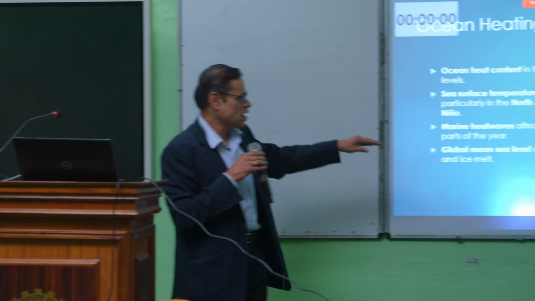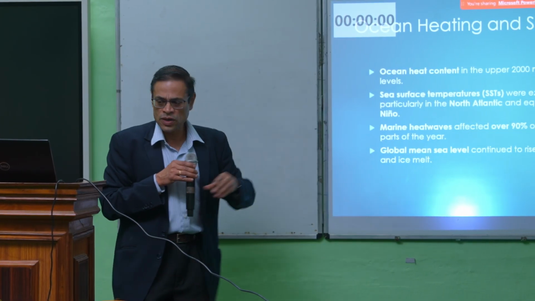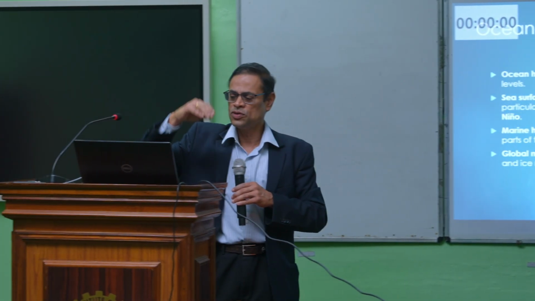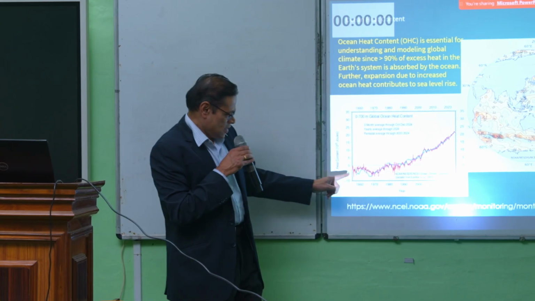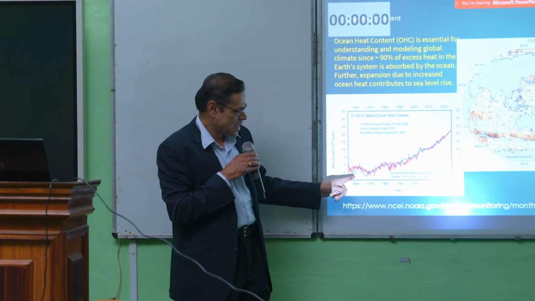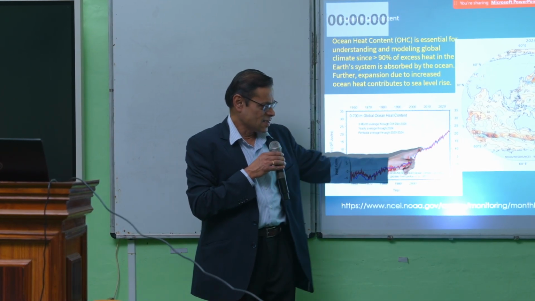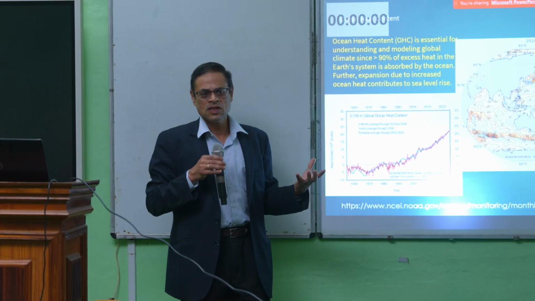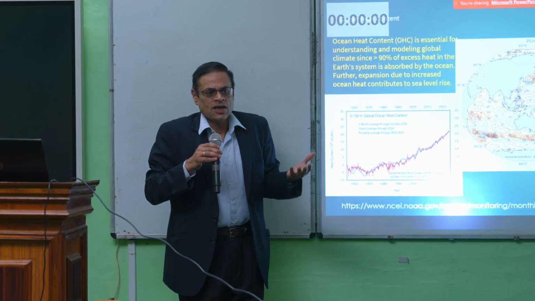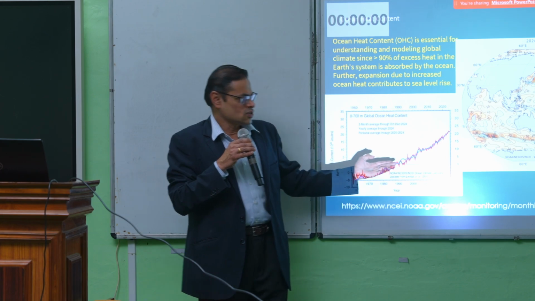For the last 100 years or so, heating is going on in the upper 2,000 meters in the sea. And if you look at this graph again, ocean heat content on a global scale is steadily increasing. It is such a big water mass that it shows heating continuously, showing the stress of heating.